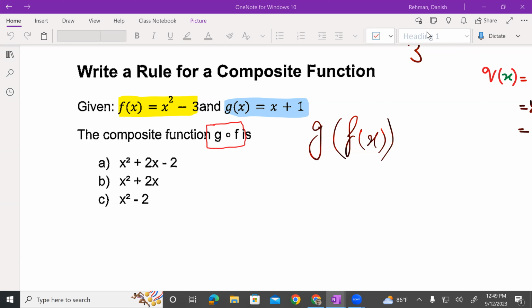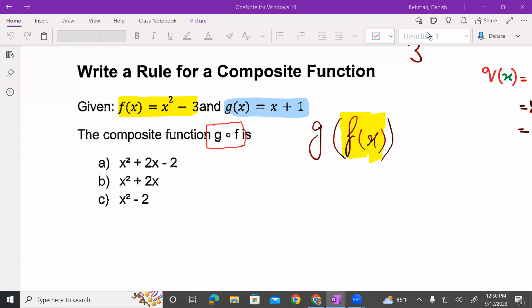Now, let's think about this separately. I did highlight here again f of x, right? Are you with me? Tell me, what will the function g do to anything which is its domain? This yellow highlighted thing is now the domain of g.